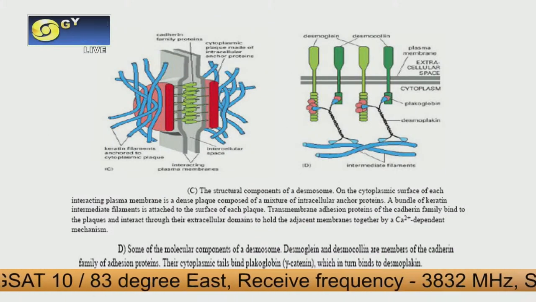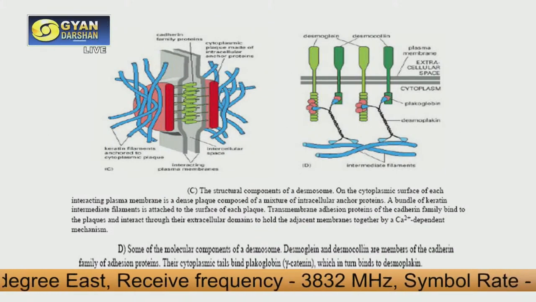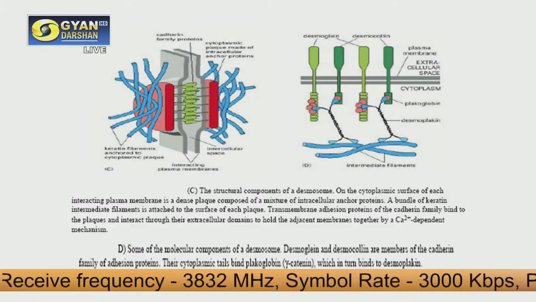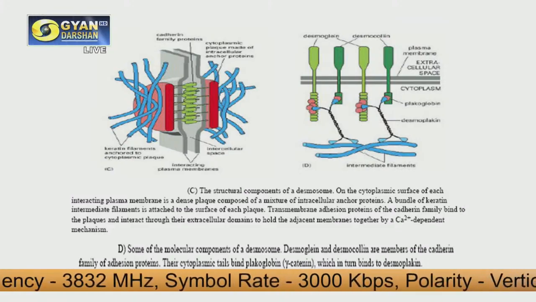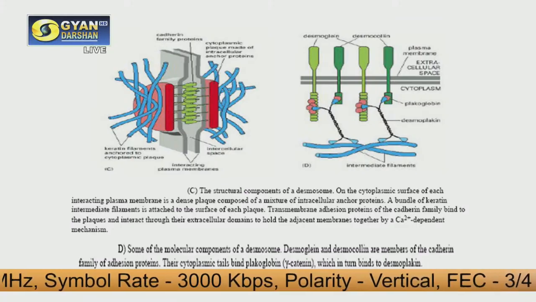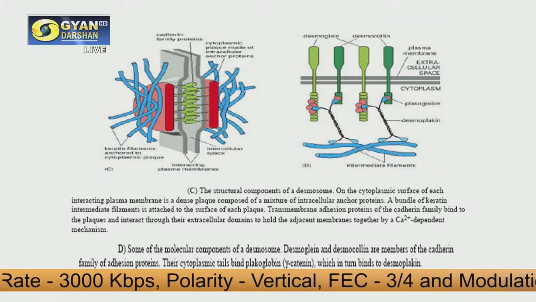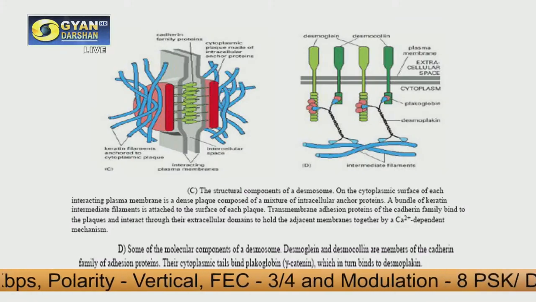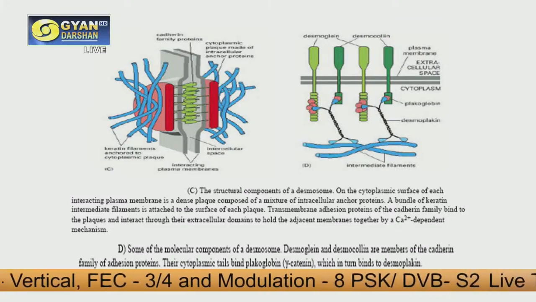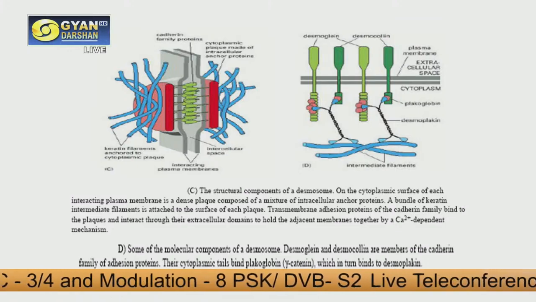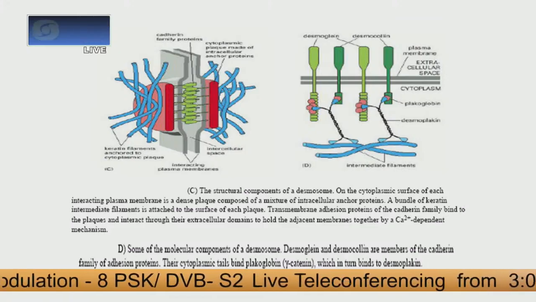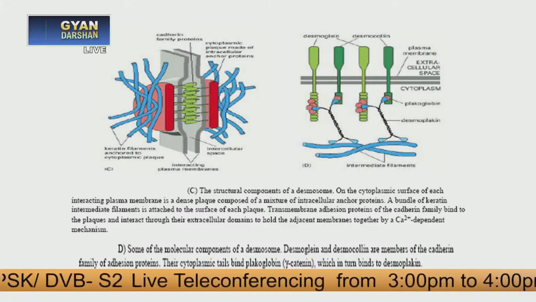If you take a look at the right-hand side figure, you can see again that there are some green components which are shown, which similarly have a head portion and a tail portion. So the structure is more or less like the cadherin only, but the names are different.